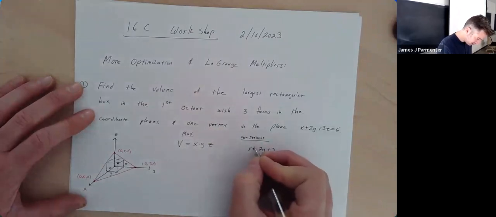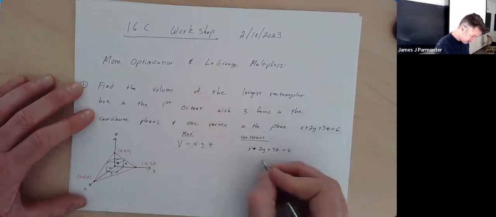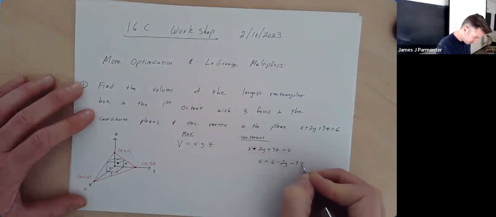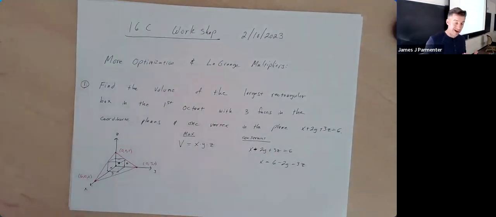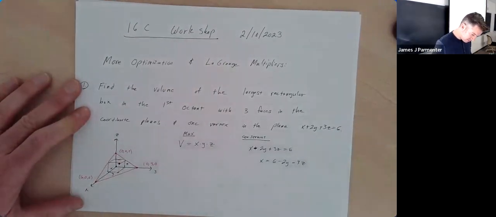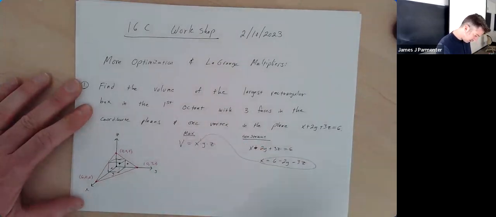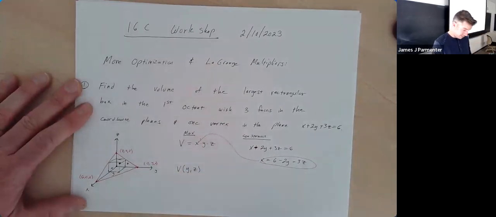Let's start with x plus 2y plus 3z equals 6 and solve for x to get x equal to 6 minus 2y minus 3z. We could have solved for z to have a function of x and y, but it's fine to do whatever's easiest. Now if we plug this in for x, we get volume as a function of y and z, which is totally fine.